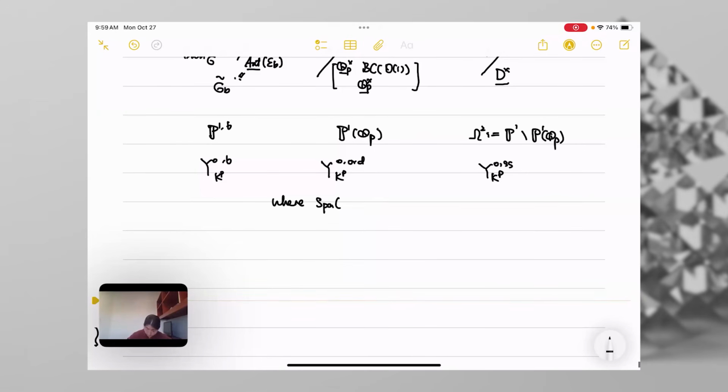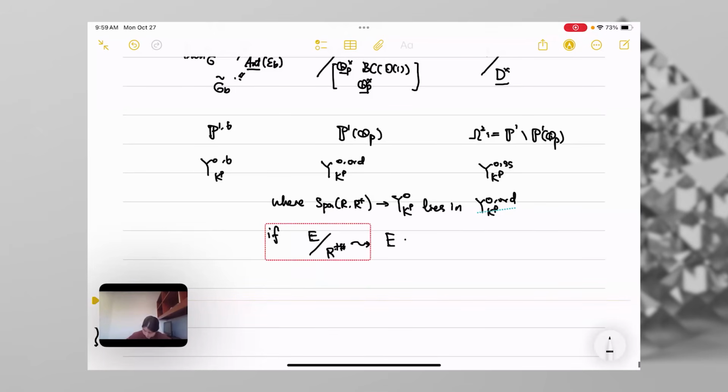So here, this ordinary locus on the generic fiber is defined in a way that you say a test object mapping to the good reduction locus of the modular curve lies inside this ordinary locus if, from this point you get an elliptic curve over R plus sharp, but you look at the reduction of its base change to R circ sharp mod p.